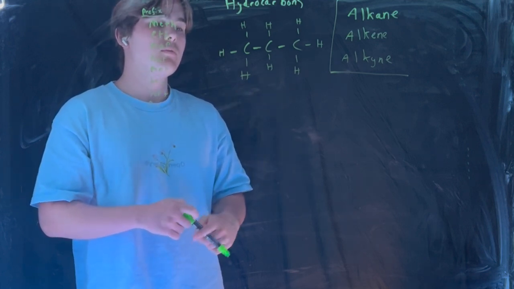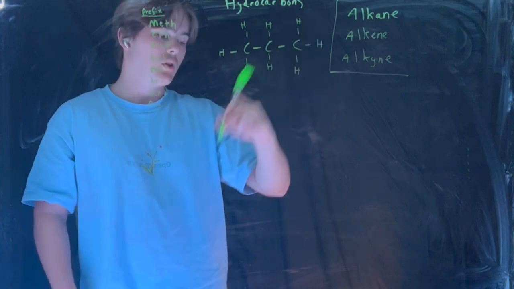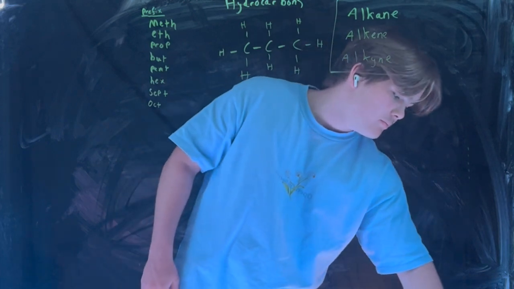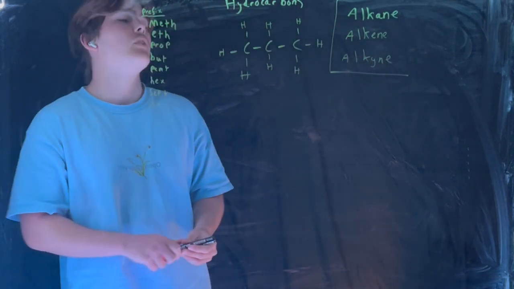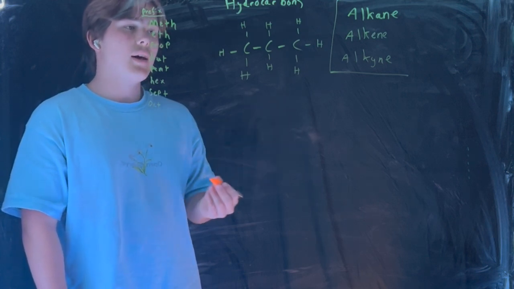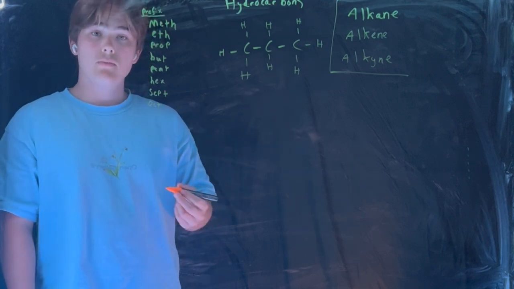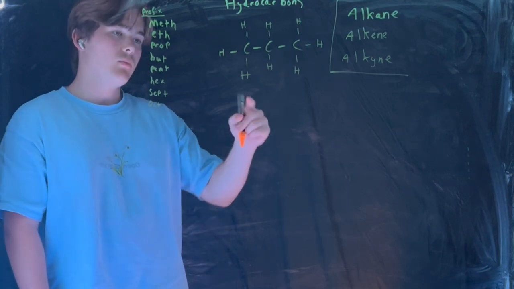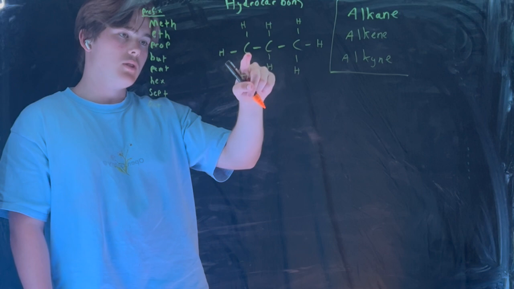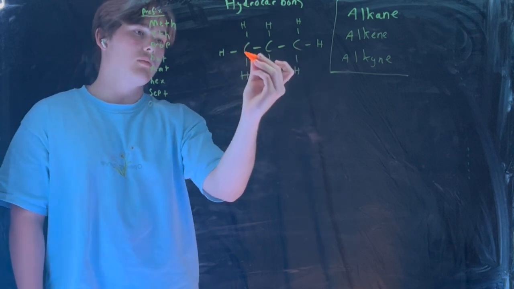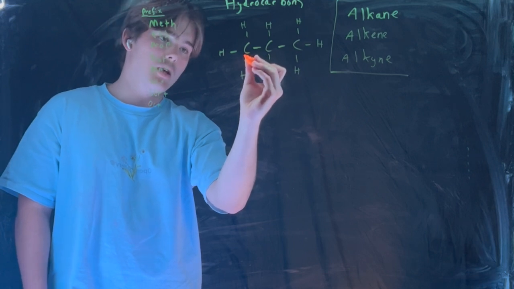With this one here, if you look at my example, grab your colour. The first step is to count the number of carbons in the carbon chain. Carbon chain just means these carbons here. So we've got 1, 2, 3 carbons, and they're all connected in a carbon chain.